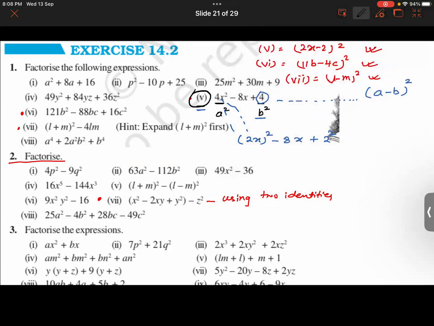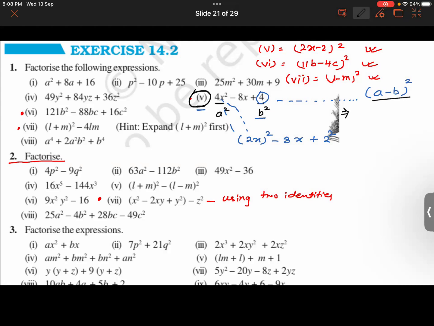Now, as I have already given you a hint, and you know a minus b whole square is equal to what? Ahmed, a minus b whole square is equal to what? Please do tell me. हमने algebraic identities में पढ़ी थी ना?